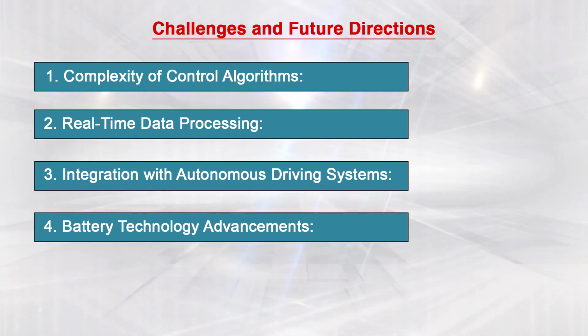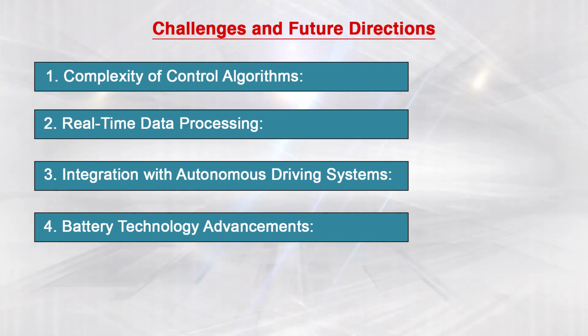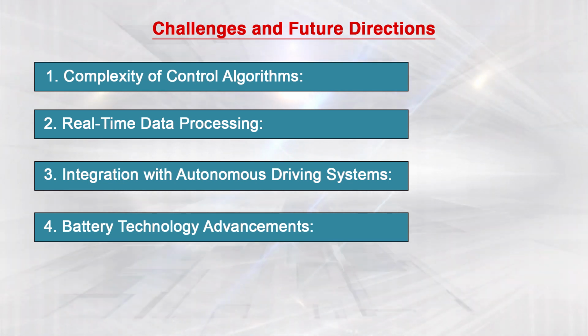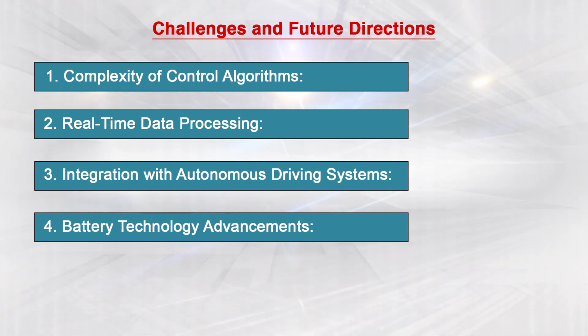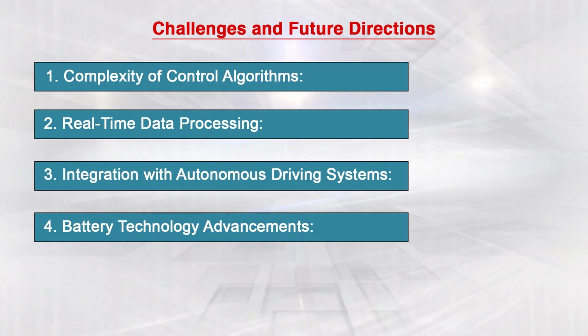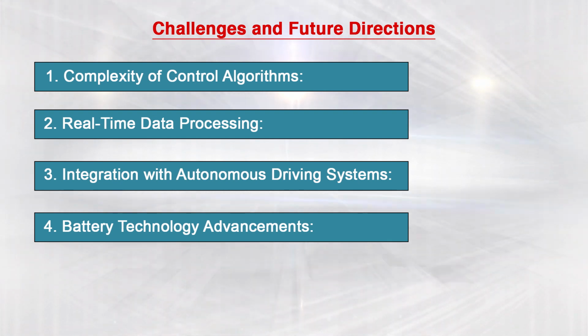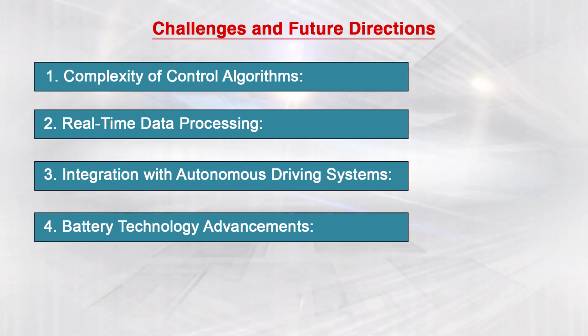So till now we have discussed power management and control strategies, their concepts, how they are being implemented, what the different strategies available are, and the associated advantages and disadvantages. Power management and control in electric vehicles and hybrid electric vehicles is a complex but crucial aspect of modern vehicle design.